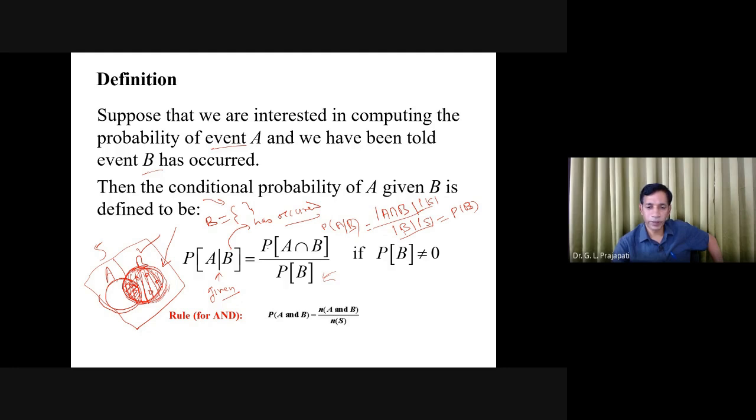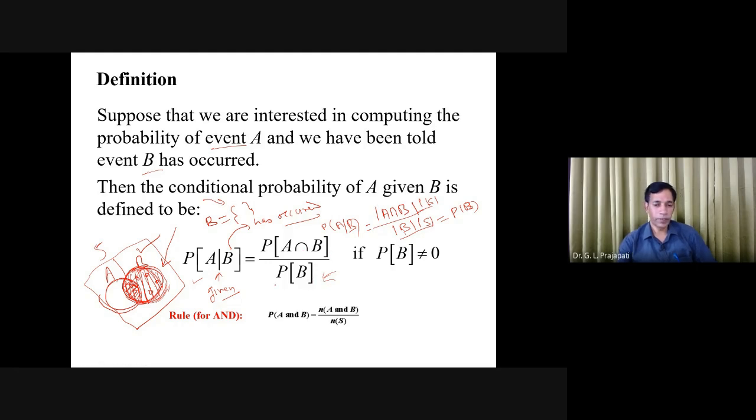So that's why it is written as the probability of A intersection B divided by the probability of B. If you know how many outcomes there are in the intersection, and the total number of outcomes in the set B, you can compute the conditional probability of A given B. So that's why this formula comes. The probability of this can be written as the probability of A intersection B divided by the probability of B.